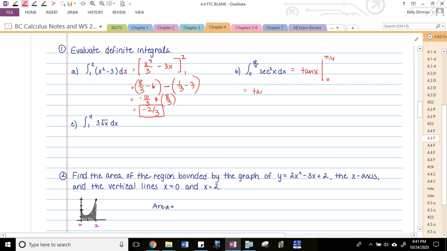So this is the tangent of pi over 4 minus the tangent of 0. The tangent of pi over 4 is 1. The tangent of 0 is 0. So my net area is 1.